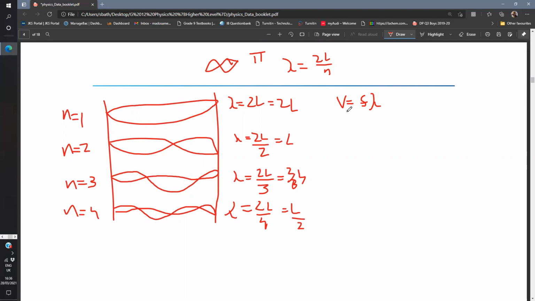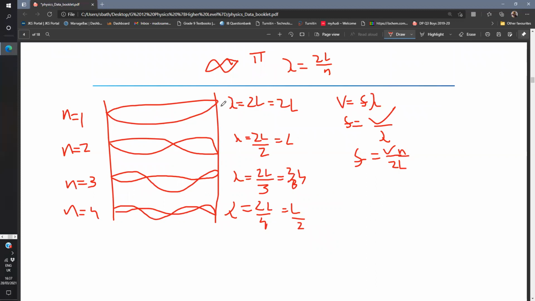If we rearrange this, f is going to be v over lambda. So if we substitute the formula here, f is equal to v times n over 2L, and that's basically the formula.